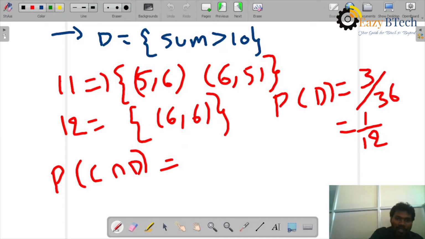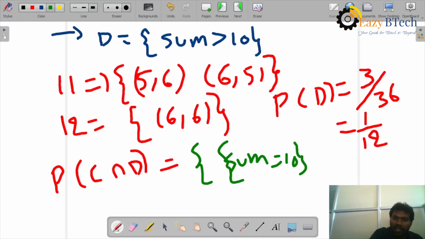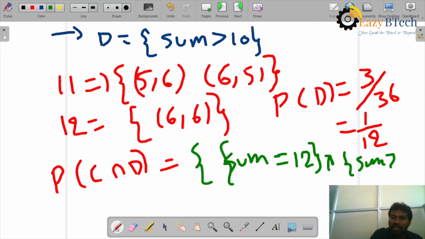Intersection means they should both be satisfied: sum equal to 12 and sum greater than 10.